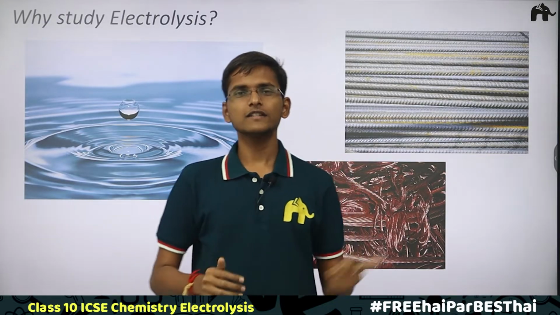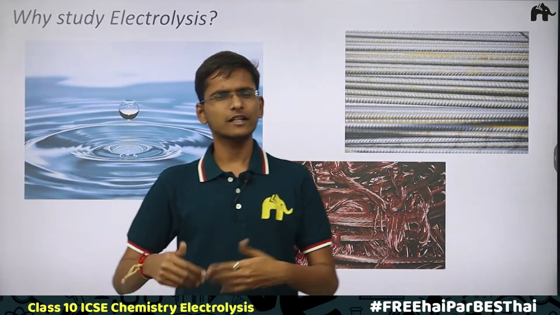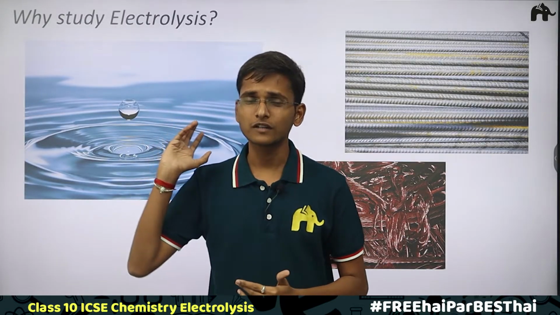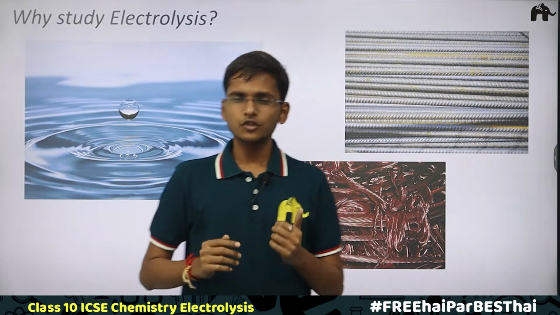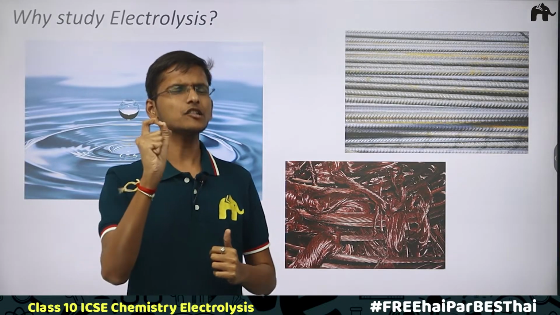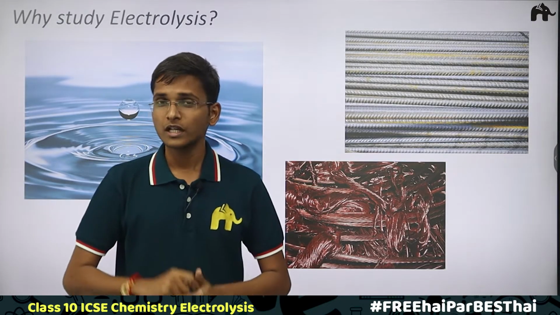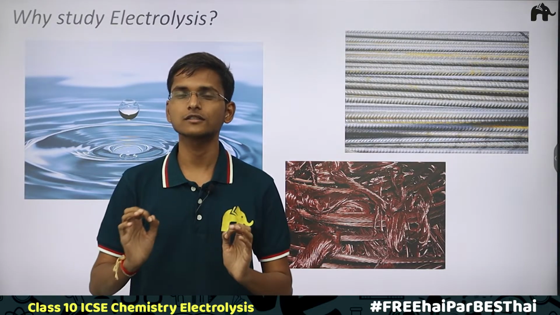And you can also see on the screen these copper wires. We have studied from childhood that copper wires are used for transmission of electricity in cables and all those things. Do you know that if these copper wires have even the slightest impurity in them, the transmission of electricity would be affected a lot?